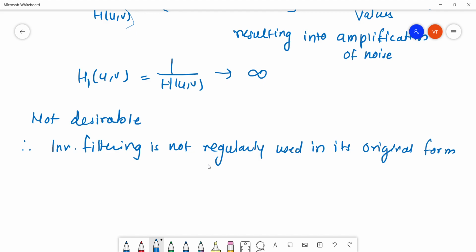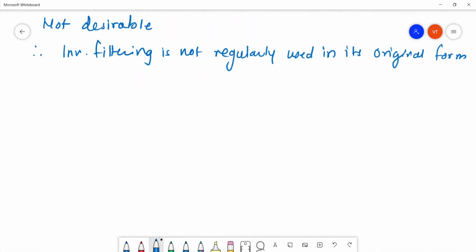The modified inverse filter is known as the pseudo inverse filter.